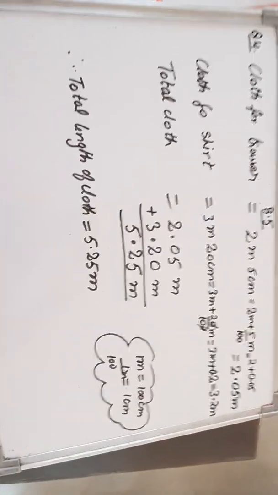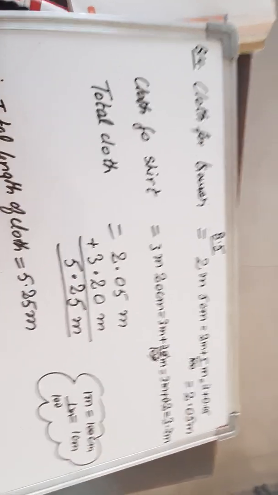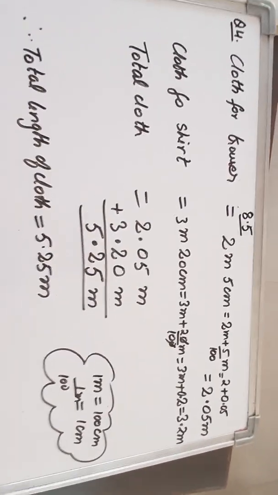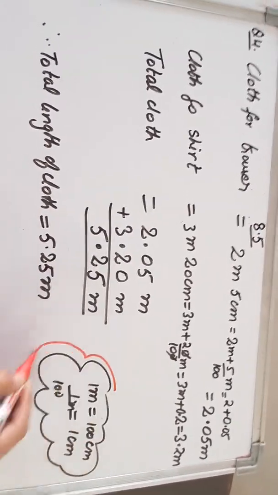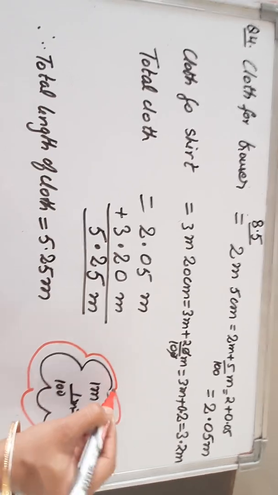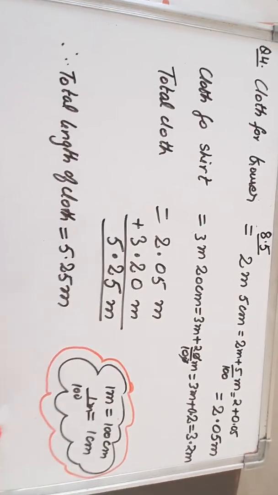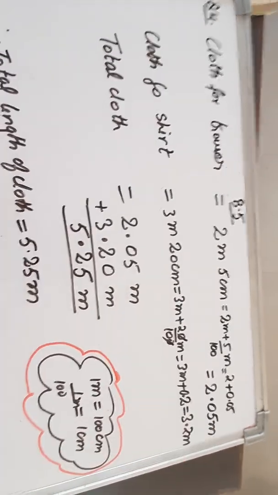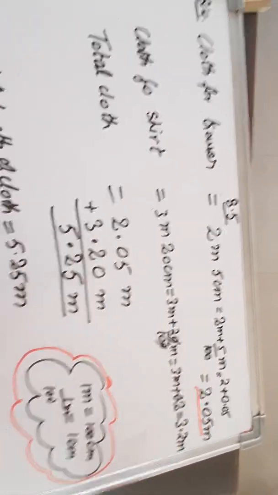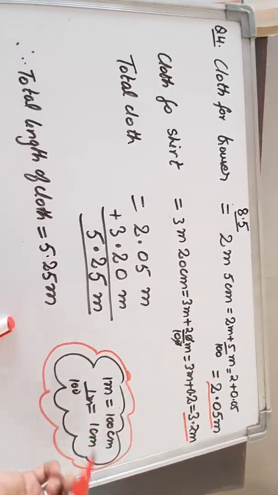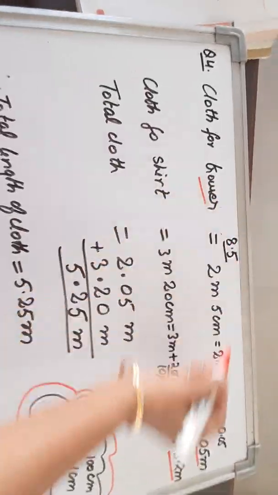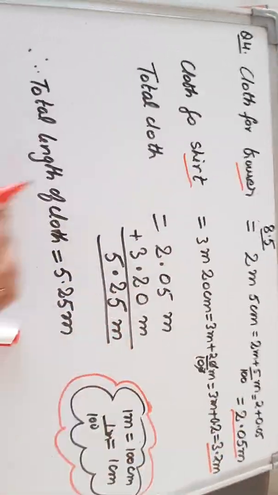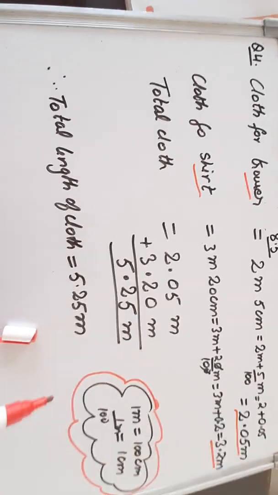So dear students, do this question in this way and draw this conversion also in the question, right? So first of all we have converted centimeters into meters to get the value in meters. Here we got the value in meters for shirt, trouser and then shirt, then total cloth, addition of the two.